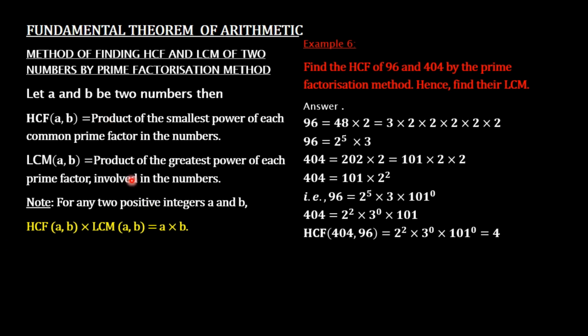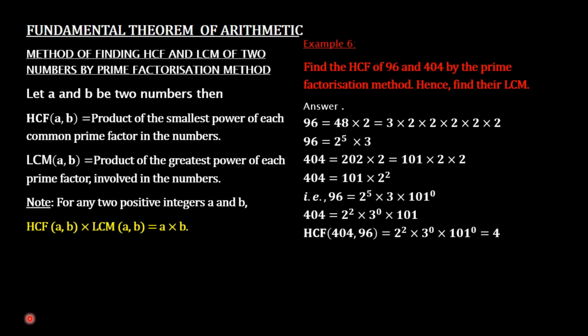Because of this question: find HCF of 96 and 404 by prime factorization method, hence find their LCM. It means through HCF we have to reach our LCM. So this method is better for that.